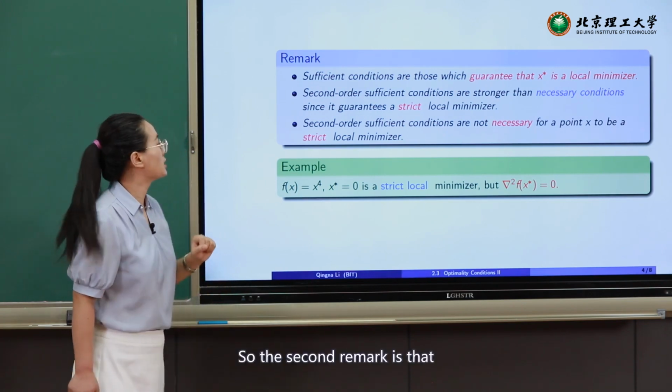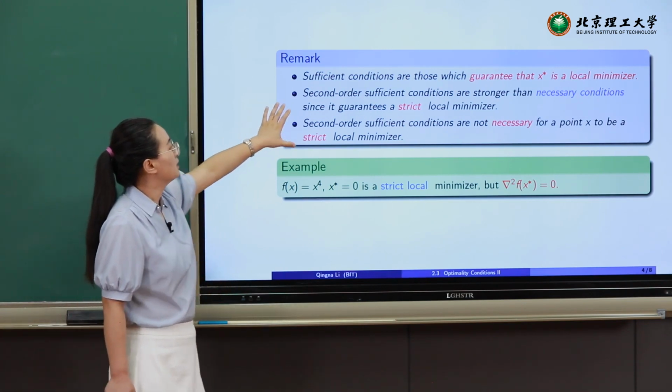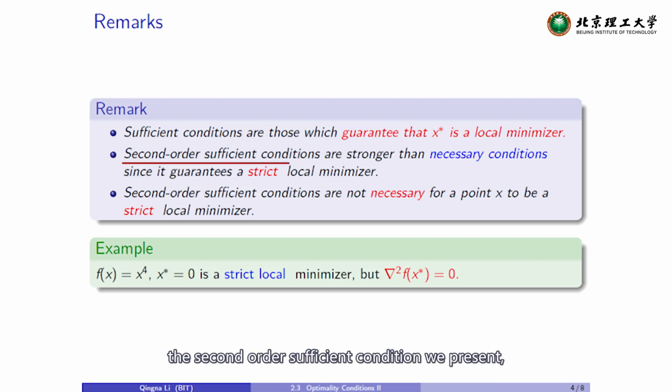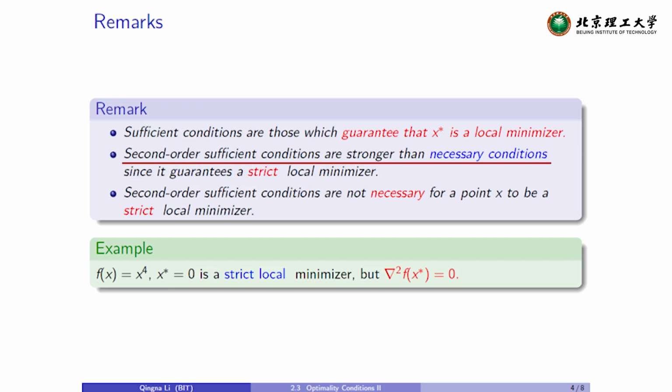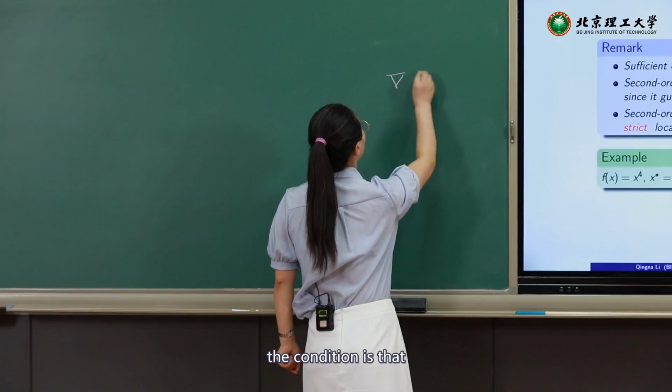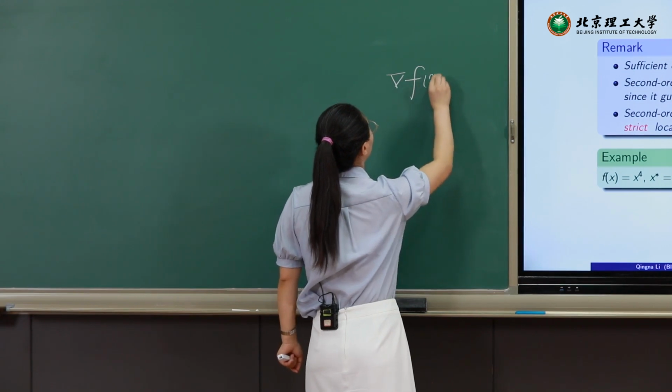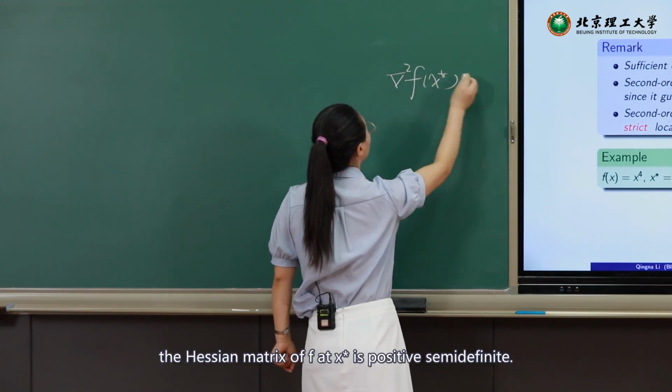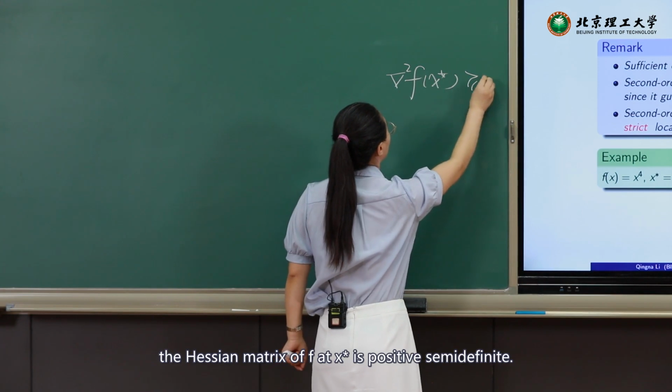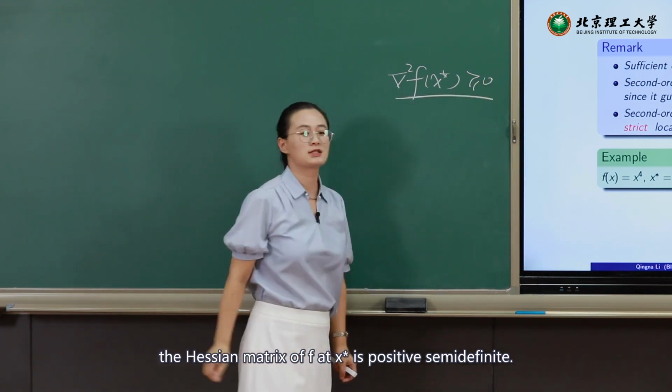The second remark is that the second order sufficient condition we present is actually stronger than the necessary condition. Recall that in the second order necessary condition, the Hessian matrix of f at x star is positive semi-definite.